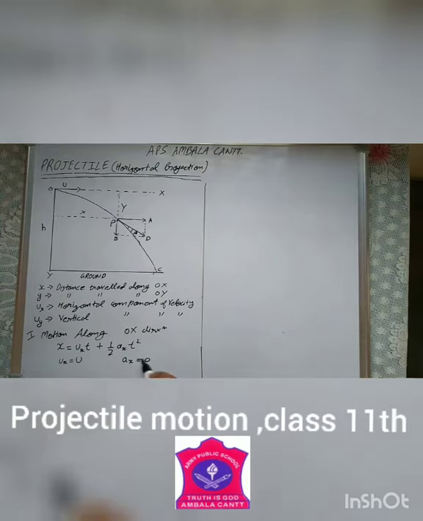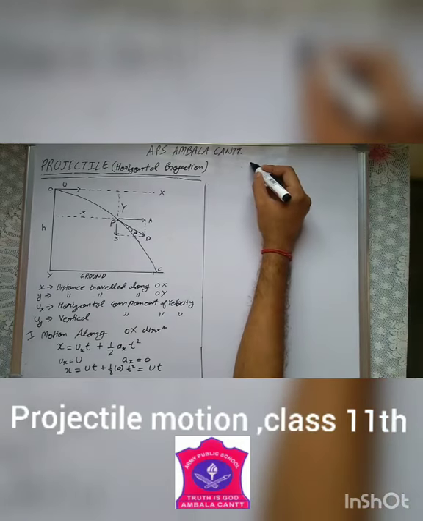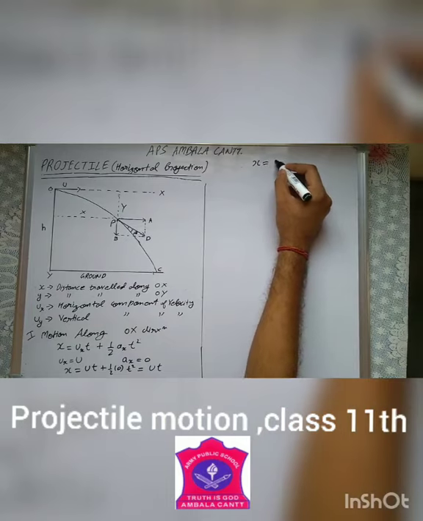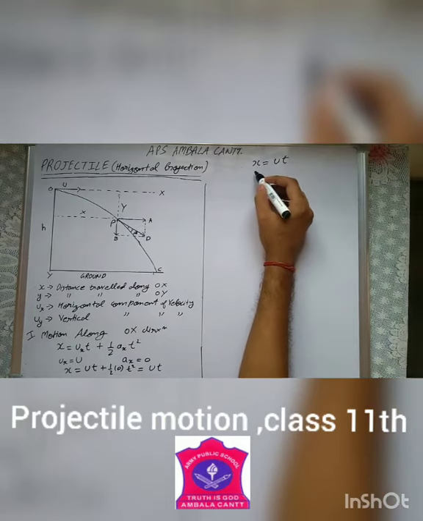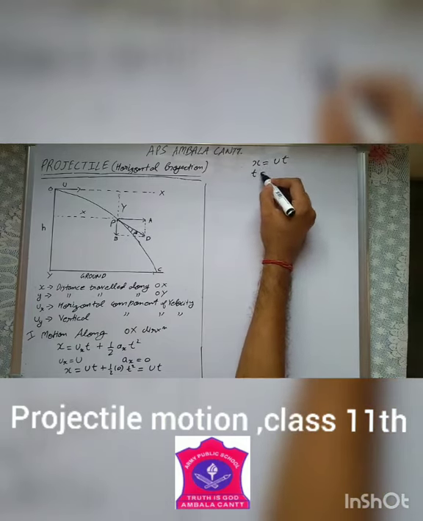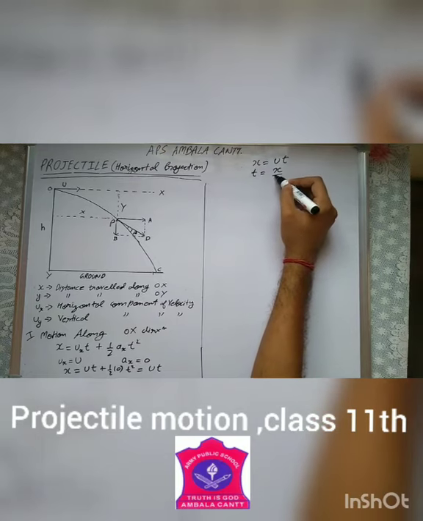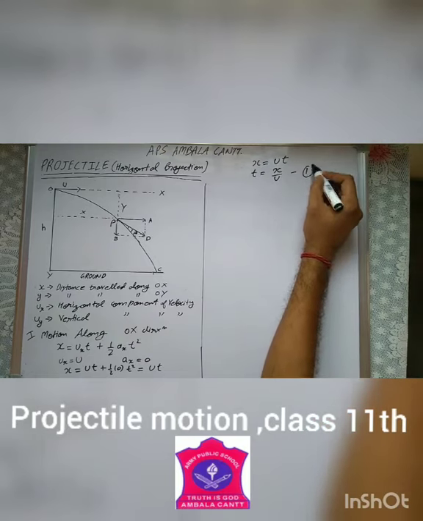Now on putting these values in this equation, we get x equals ut plus half 0 t square, and this is equal to ut. On rearranging, we get t equals x by u. This is our equation number 1.